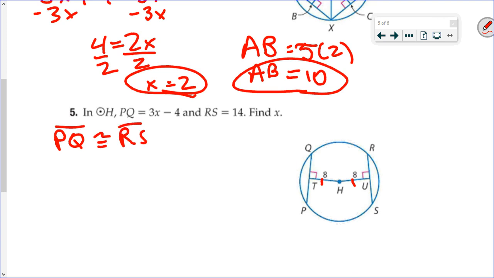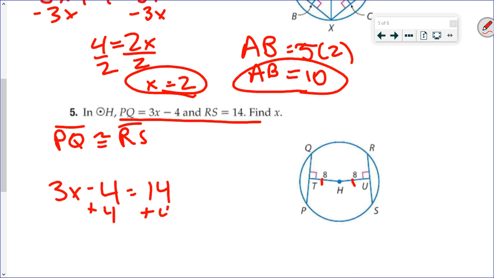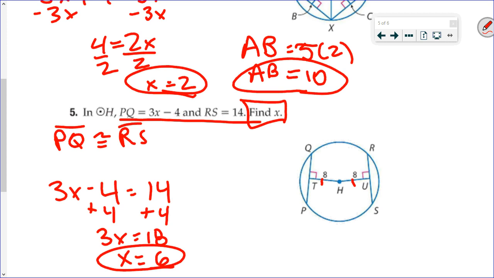So now we can use that and the expressions here. PQ is 3x minus 4 equals RS, which is 14. 3x equals 18, so x is equal to 6. We're only asked to find x, so we are done.